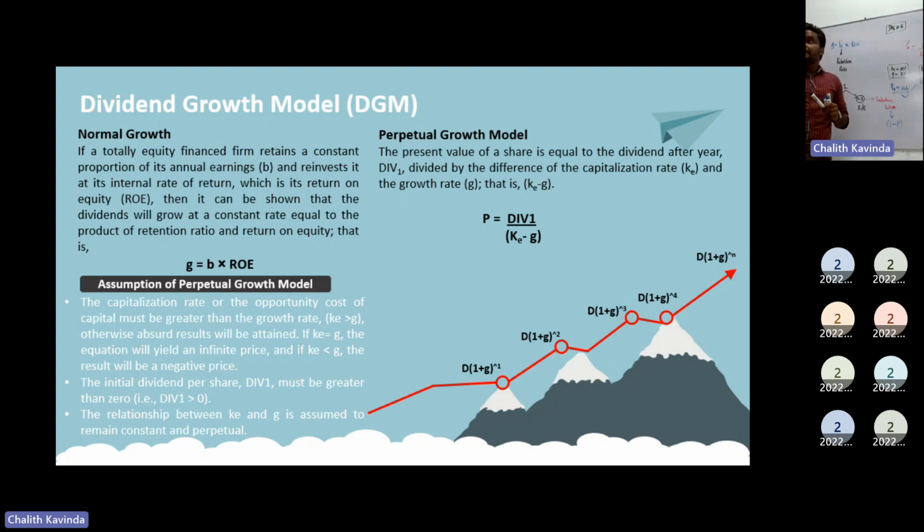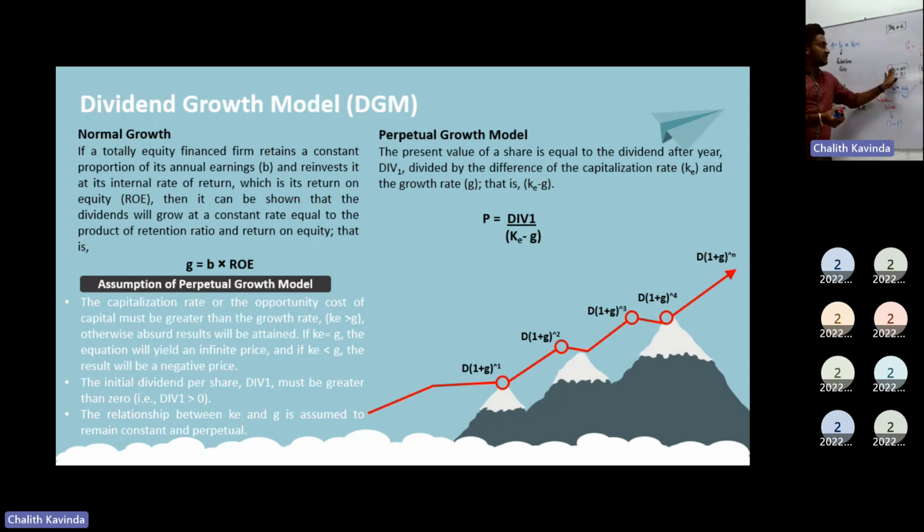Listen to this carefully. When they were developing that formula, they mentioned that your cost of equity must be higher than the growth rate. Here, you could see your cost of equity is higher than your growth rate. Only then are you getting a positive share price. Otherwise, not. That is the practical aspect of the first assumption.